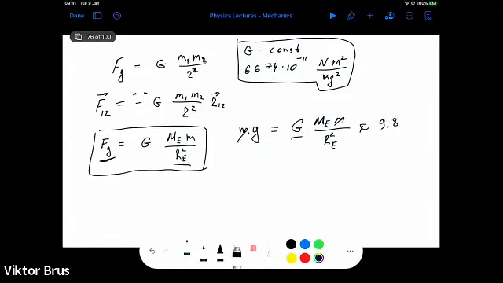Now let us consider what happens if we go a bit higher. What if we move upwards from the surface of the Earth?